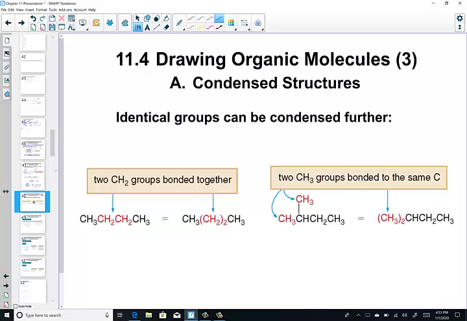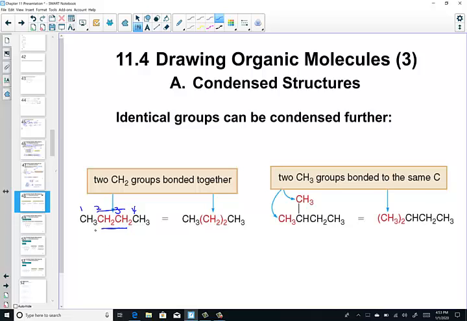Looking at this example, notice color-coded in red in this 4-carbon chain, we have two groups in a row directly next to each other that are identical. They're CH2, CH2.